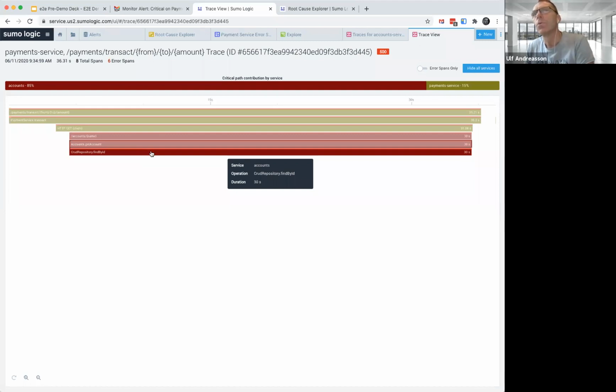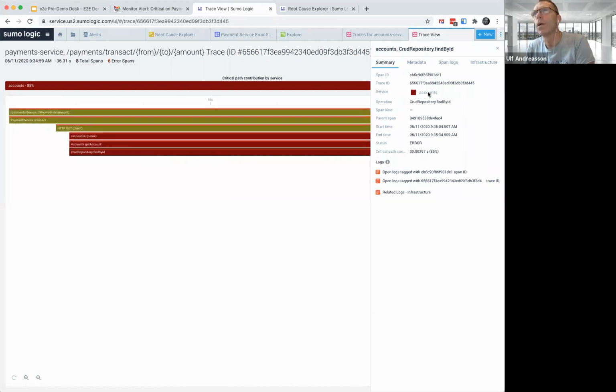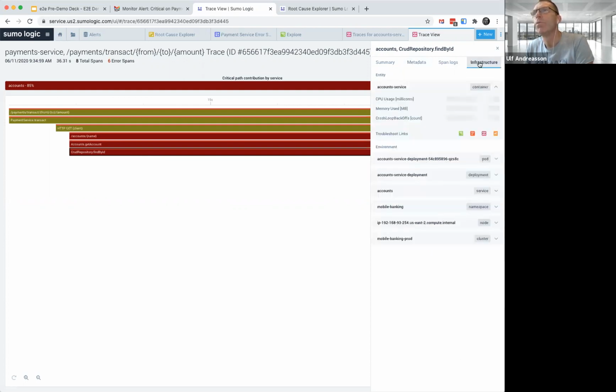To dig deeper into this, I have all the metadata with this span, all the aspects of that. But moving deeper, to really try to understand, we'll look at the logs. Now we are looking at the specific logs for that container and that trace.